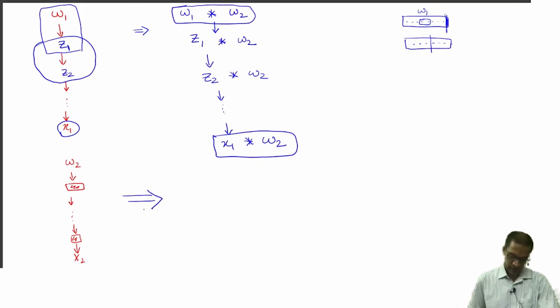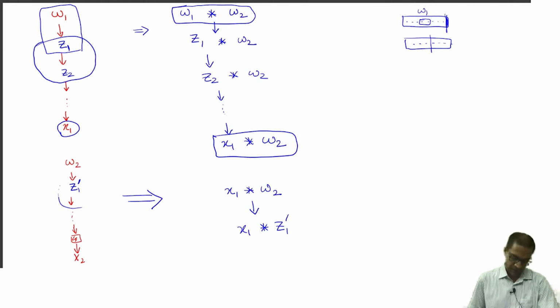This implies that I will concatenate on the left of W2. Starting at W2, I can reach the next step, whatever this word is. Let's call this Z1 dash. Now what I do is concatenate X1 on the left of W2, and because I can go from W2 to Z1 dash, it also implies that I can go from X1 star W2 to X1 star Z1 dash in the same manner, and by the same logic as before.